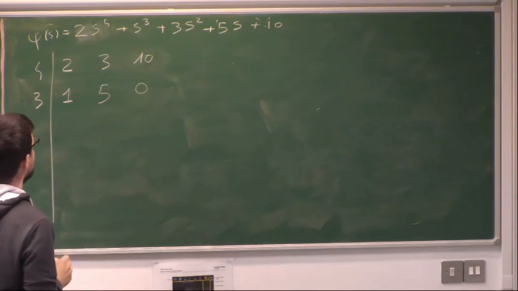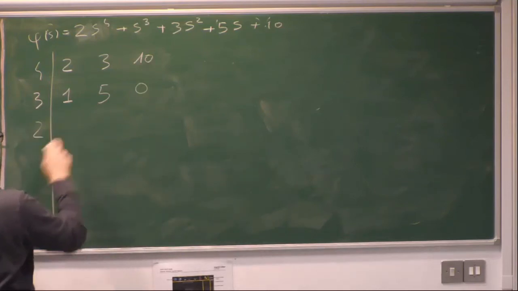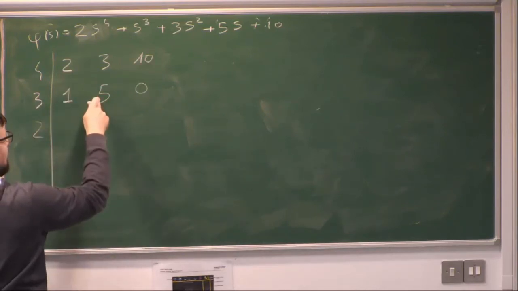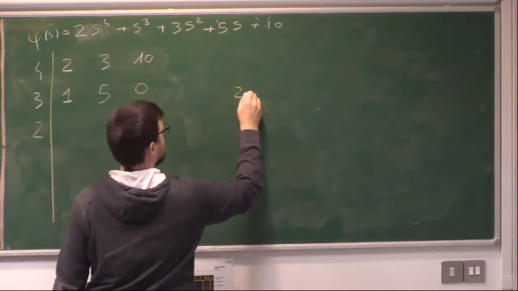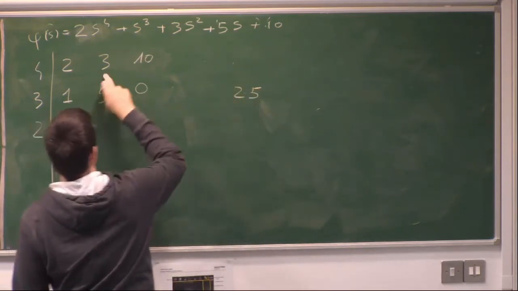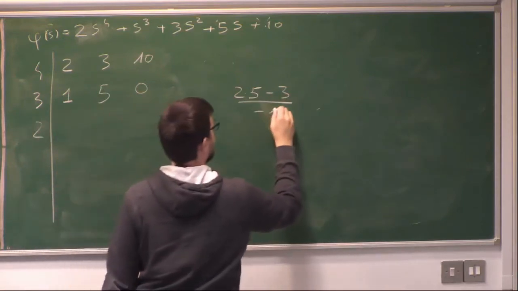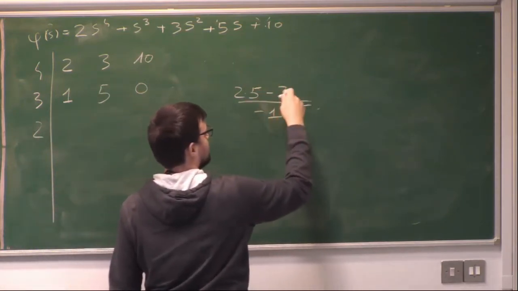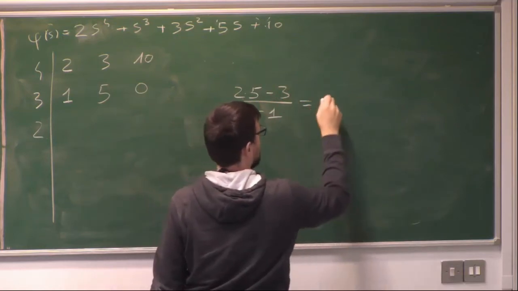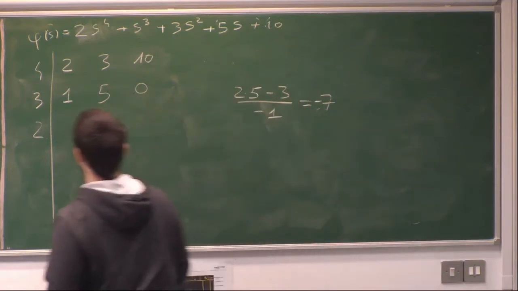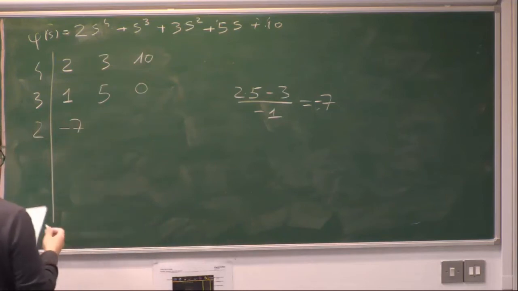We want to compute the element over here. So this is 2 times 5 minus 1 times 3, so minus 3, divided by minus 1. So this is 10 minus 3, so 7, divided by minus 1, so it is minus 7. So the element that goes here is minus 7.